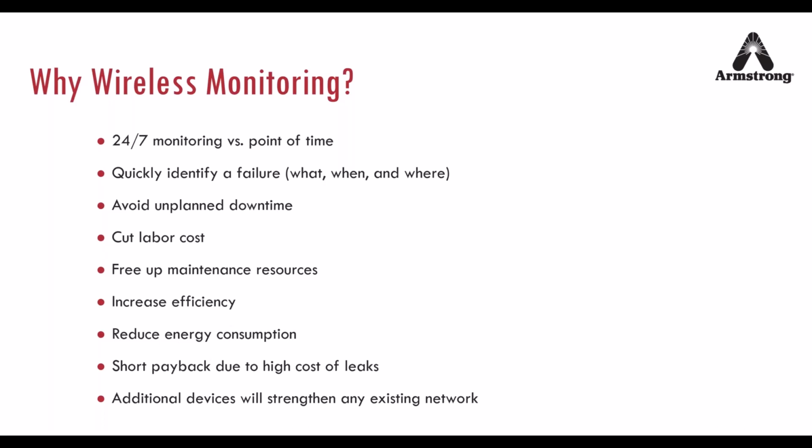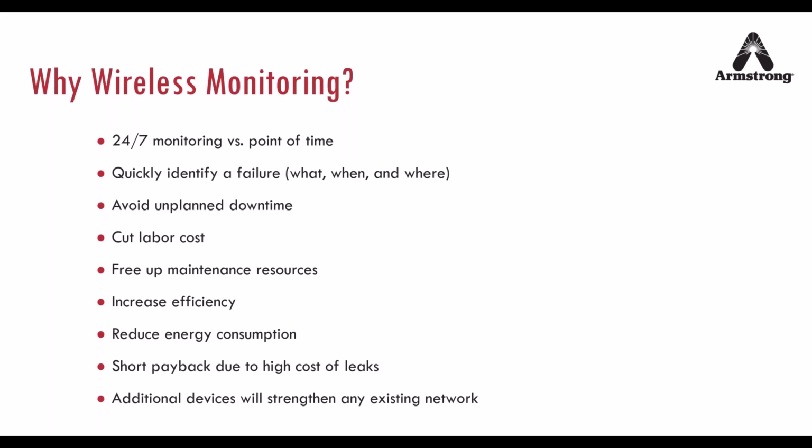So with wireless monitoring, you cut the labor cost to have them quickly at the place that you want to monitor. You also have more maintenance resources, because instead of checking those traps or valves once a year and having 90% of them okay, which is kind of a waste of time, now you are only focusing on the ones that are failing.